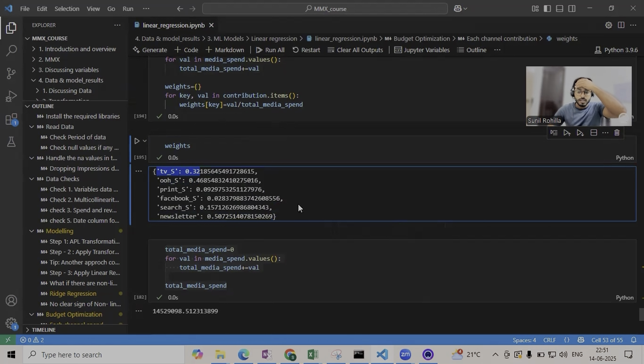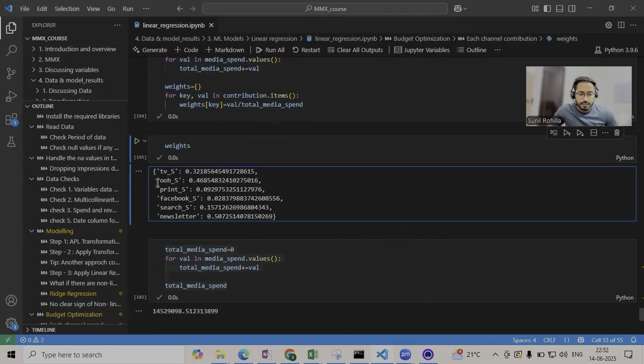So, given these results, how can I use them to optimize or allocate my budget? I will give more money now. Let's say I have $1,000, right? So I'll give more money to newsletters because it has the higher weight, right?